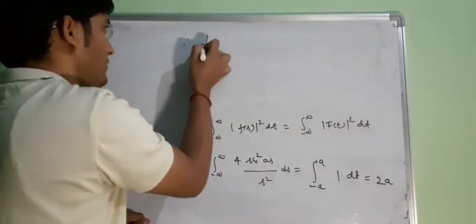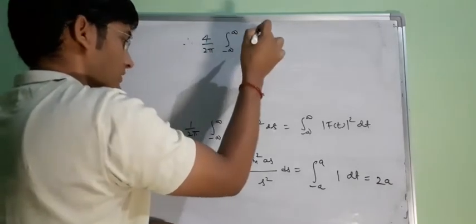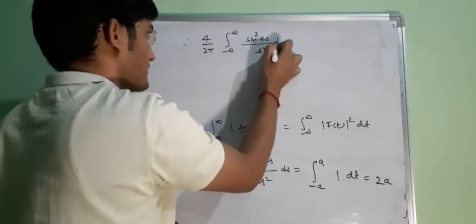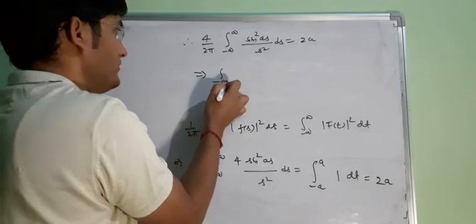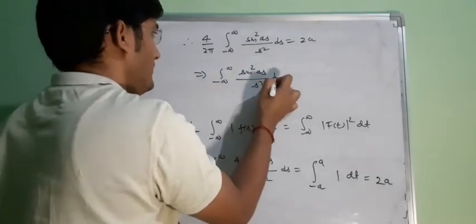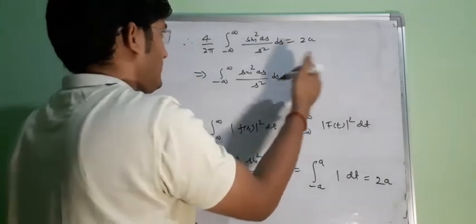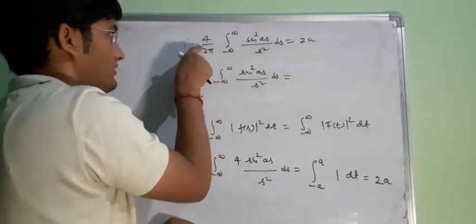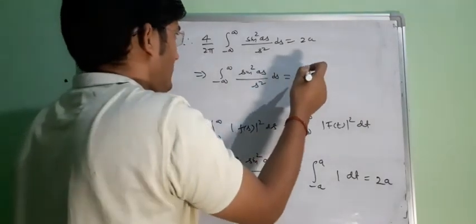Thus 1 upon 2π, the integral from minus infinity to infinity of sin²(sa) upon s² ds is equal to 2a. So that means the integral from minus infinity to infinity of sin²(sa) upon s² ds will be, now the 2 and 2 will be 4, so this 4 will cancel. So we will have just a times π.